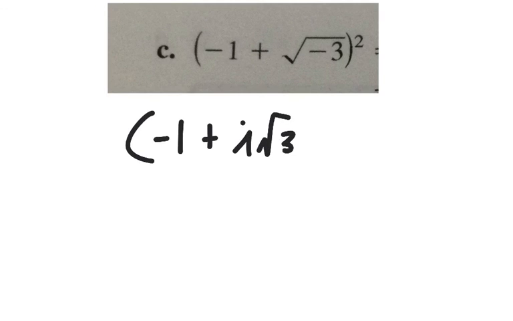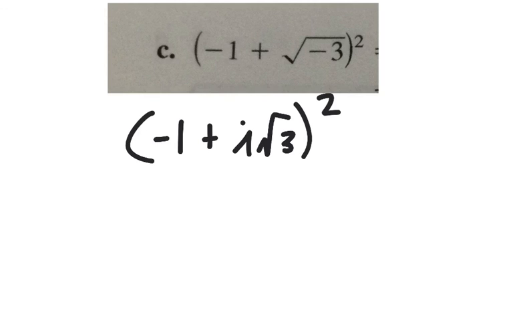Okay, now let's look at this one. Now I have -1 plus the square root of -3, and that's all squared. Before I worry about the square, I need to fix this negative underneath the radical, because that's not going to work. So this is the same thing as -1 plus i radical 3, squared.